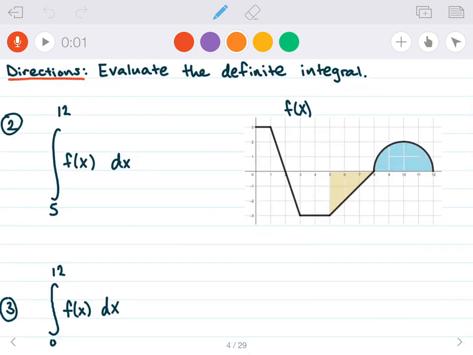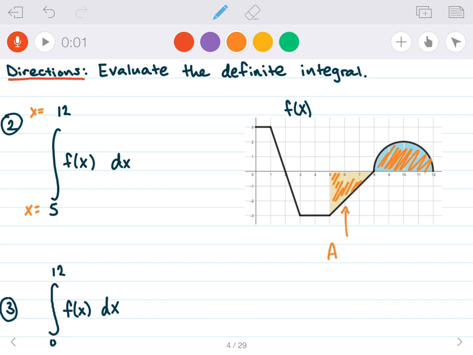All right, so let's go ahead and do this one. Okay, so we're trying to find the definite integral, and we have our starting value, x equals 5, to x equals 12. So let's go ahead and shade what we're trying to find in orange. So x equals 5 starts here, all the way to x equals 12 right there. And this guy, we're going to give a negative sign, and it's a triangle.